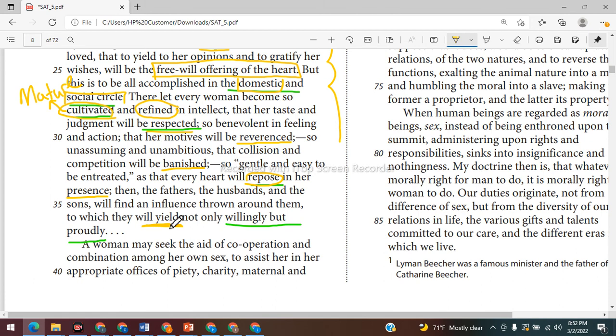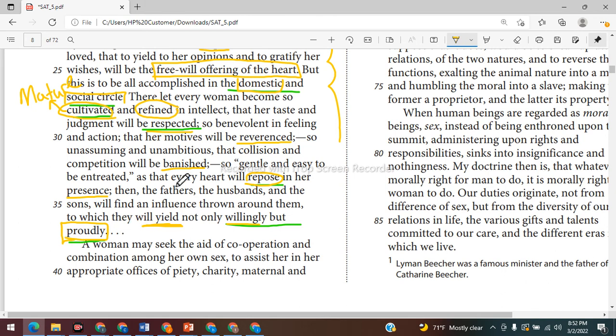It'll just be like, wow, this woman's so noble, she's so elevated, she's so refined that whatever she says, I know it's going to be right. Like, I don't have to question it, and so they would yield to her, not only willingly, but they would proudly do so. They'd be like, wow, I'm so glad that she's even talking to me. You know what I mean?